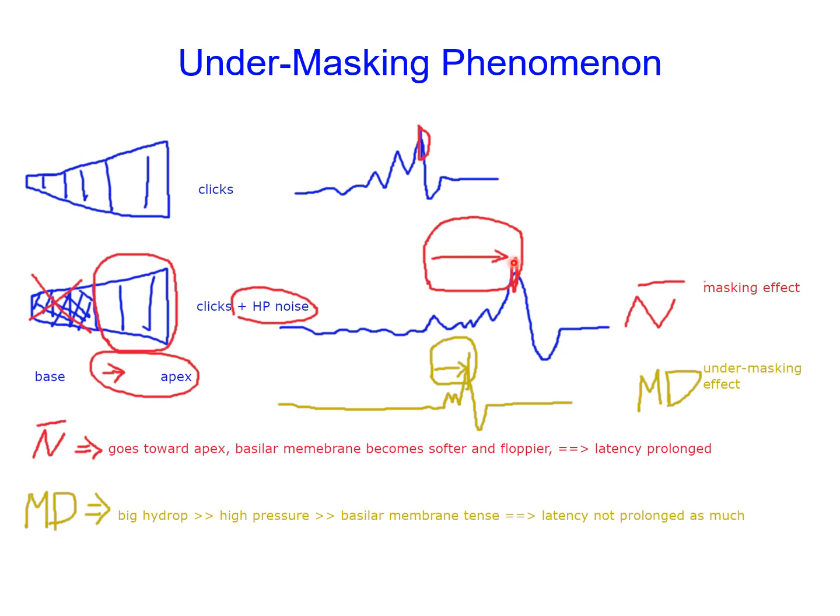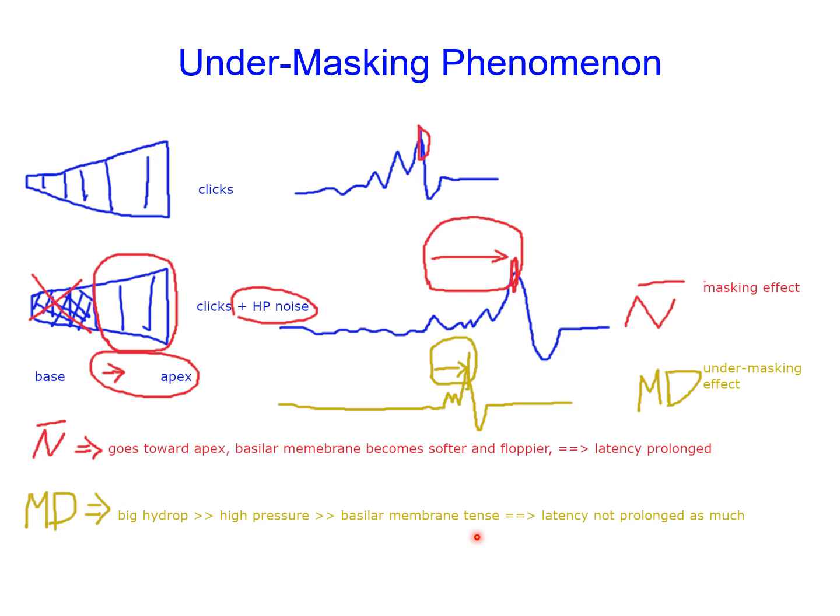However, in patients with Meniere's disease, when we conduct the second condition, because there is big hydrops in Meniere's disease patients, the pressure is high. There's a high pressure within the endolymph, and as a result, the basilar membrane becomes tense.